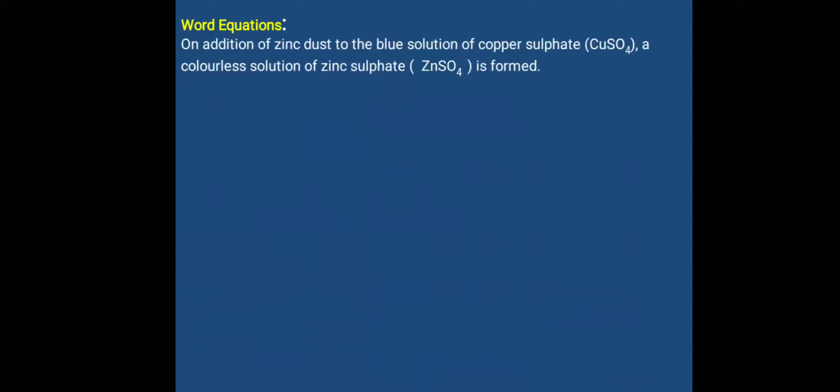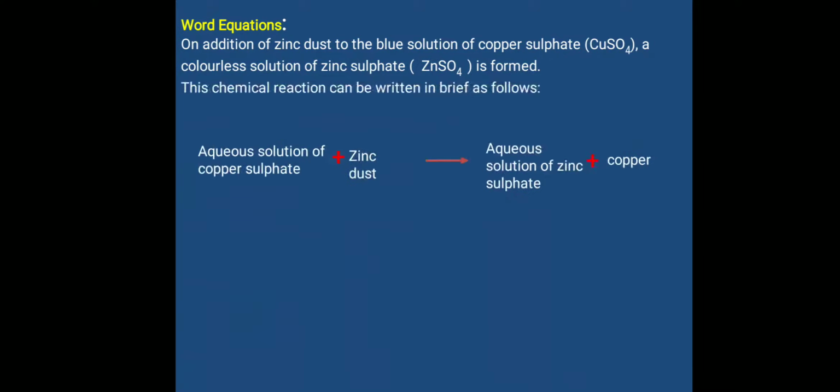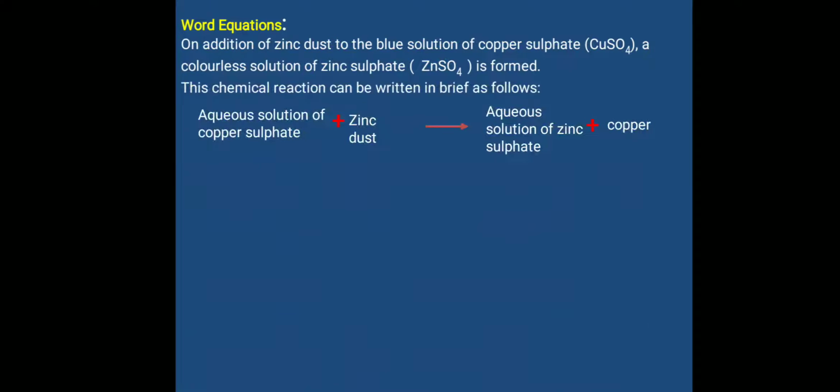Word equation, let's have an example. On addition of zinc dust to the blue solution of copper sulfate, a colorless solution of zinc sulfate is formed. We can write this reaction in words. See, the aqueous solution of copper sulfate plus zinc dust gives aqueous solution of zinc sulfate plus copper.